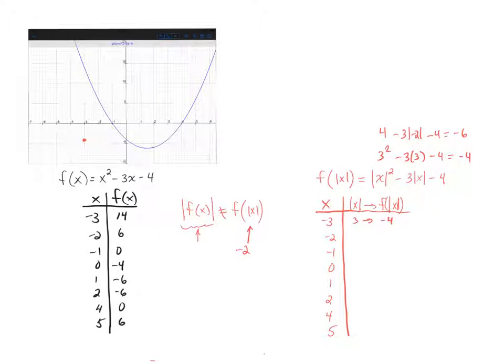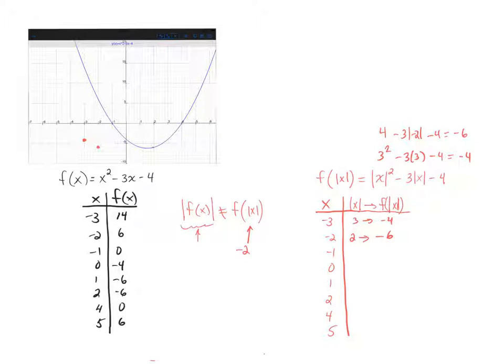So -2 is going to initially become absolute value and become a 2, and then get us a y value of -6. Once again, look at -2, and we're going to get a y value of -6. Exactly the same y value we got when x was positive 2. So I'll go ahead and put a -6 in there for an x value of -2, and we'll move on and do another one.